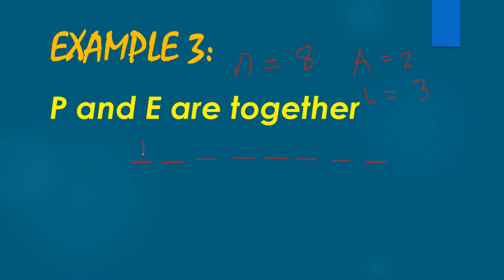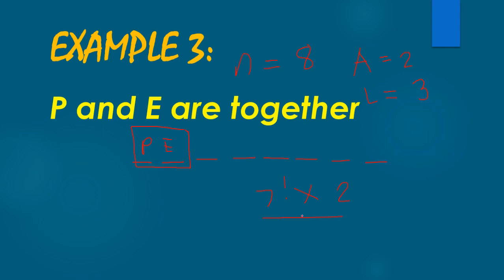Let's say our P and E will be placed in the first and second position. Since they are together, this will be considered as 1. And then we have 1, 2, 3, 4, 5, 6, 7. So we have 7 factorial, times, again, this PE could be arranged as PE or EP. So that would be 2 ways. All over, since we are dealing with distinguishable permutations, we have to divide by the repeated letters.